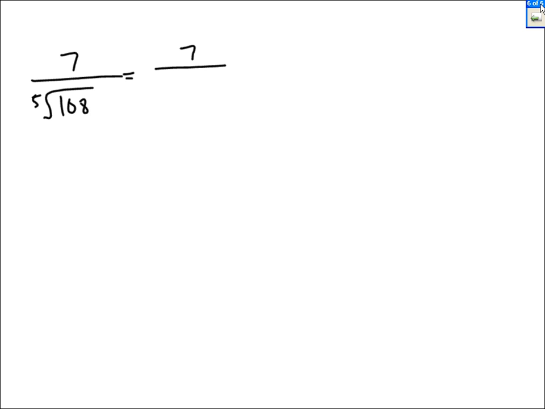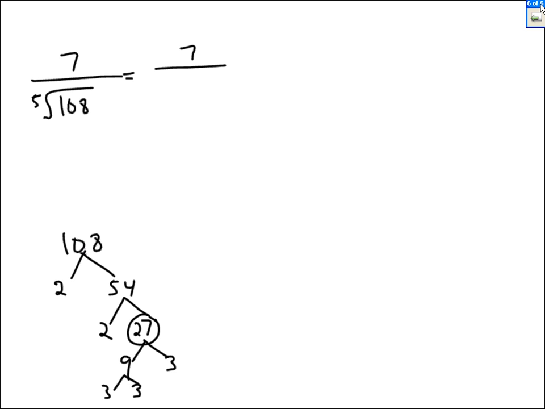Now, you should maybe find the prime factorization. 2 goes into 108 54 times. 2 goes into 54 27 times. And if you realize that's 3 cubed, you can stop there. If you don't, well, it's 9 times 3, and the 3's can be split up.